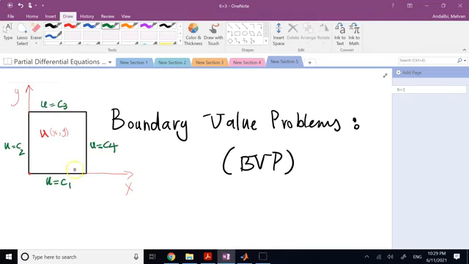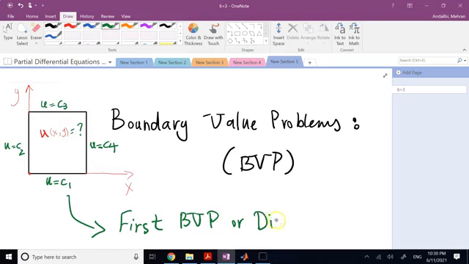So if the function itself is determined and fixed on all the boundaries, then we call it the first boundary value problem, or sometimes they call it the Dirichlet problem.